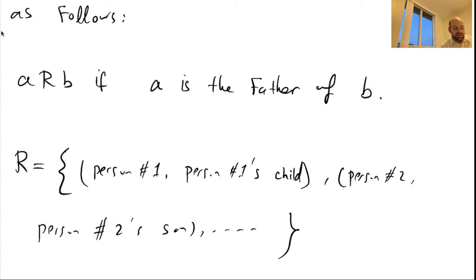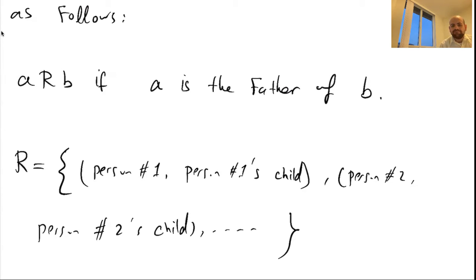But the second one, b, could be either his daughter or his son. So first, person number 1 and person number 1's child, person number 2 and person number 2's child, and so on. The first coordinate is always male because he is the father of someone, and the second coordinate is that person's child, whether daughter or son.